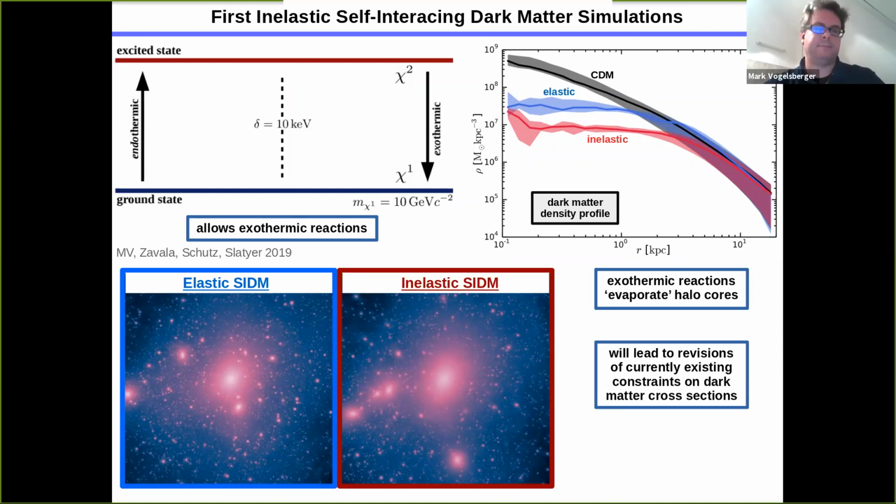I think Tracy worked this out in their paper. There's another paper by Caitlin and Tracy where they looked at the theoretical basis. Let me first say, it's true: the simulations here have been initialized such that a large fraction are in the excited state. But you can also figure out the reaction rates and how quickly you would de-excite. Given the redshift where we initialize the simulation, I cannot prove it to you now, but you can look at that paper.